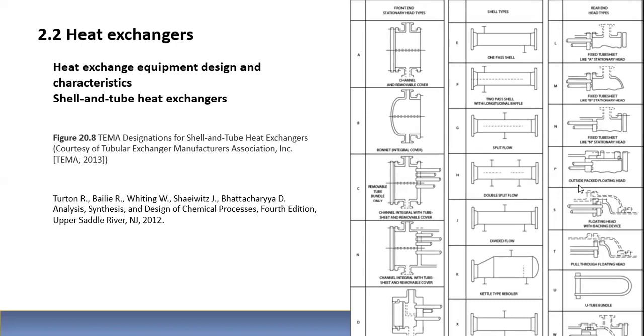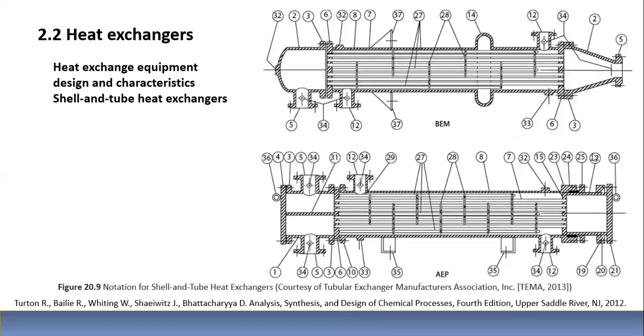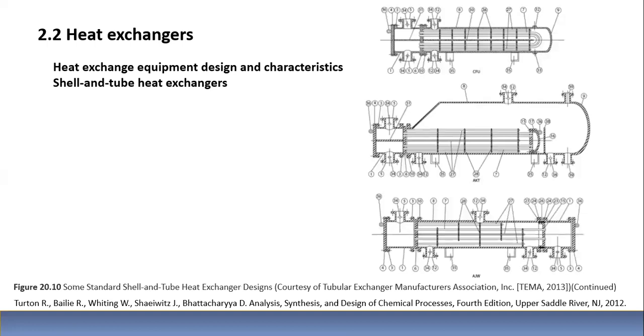El P quiere decir el cabezal posterior, sería outside packed floating head, otro tipo de cabezal flotante, dice outside packed, empacado exteriormente. No sé si esto quiere decir que se arme el cabezal y luego se coloca en posición, puede ser. Este es el cabezal outside packed floating head. La verdad no conozco las minucias, pero esa es la denominación del diseño mecánico.